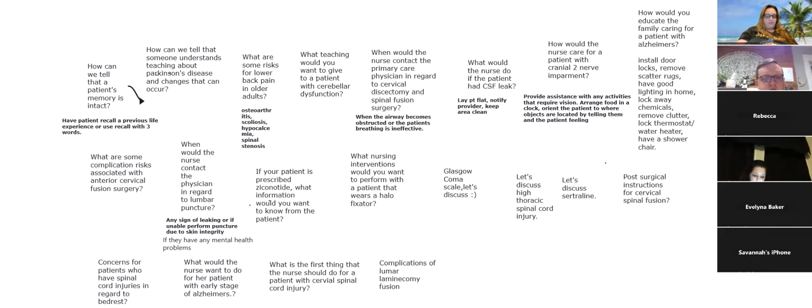All right, let's see the next one. So we have ziconotide, okay, for chronic back pain. What information would you want to know from the patient? What would you want to ask the patient if they were on this medication?